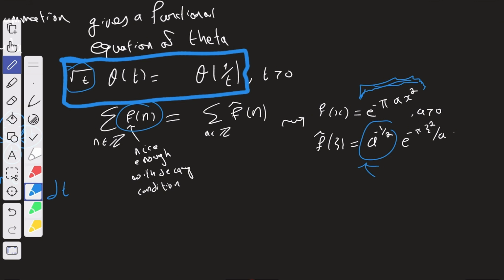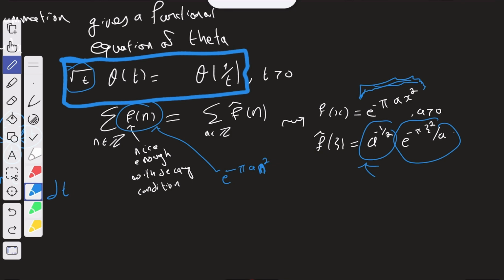And when you arrange terms, this one is just e to the minus pi a x squared, and when you evaluate it at n, this is going to be n squared. The Fourier transform has a similar form, except instead of multiplying by t, you'll be dividing by t.